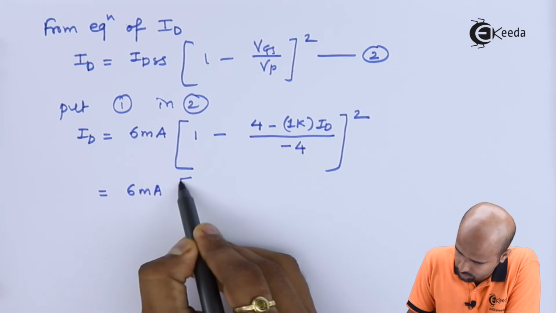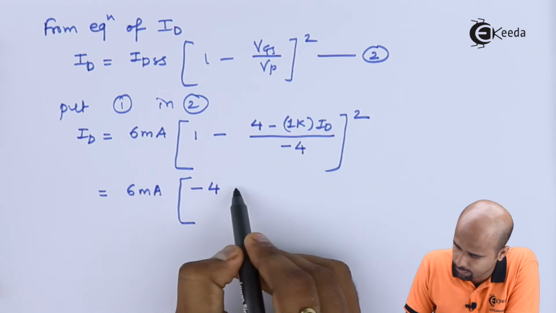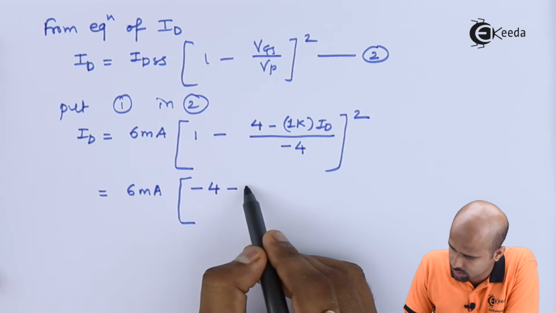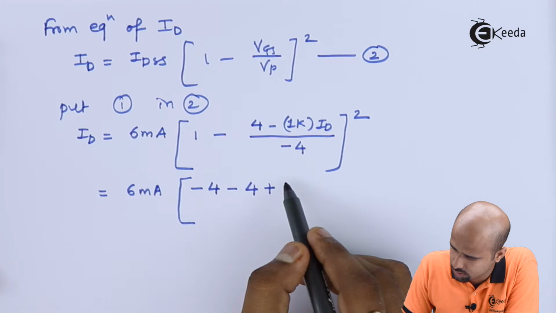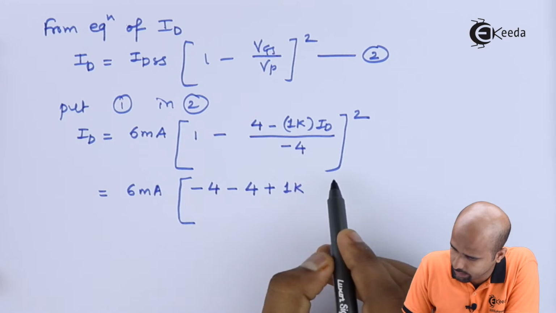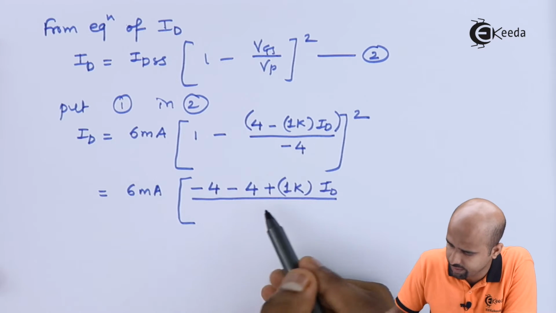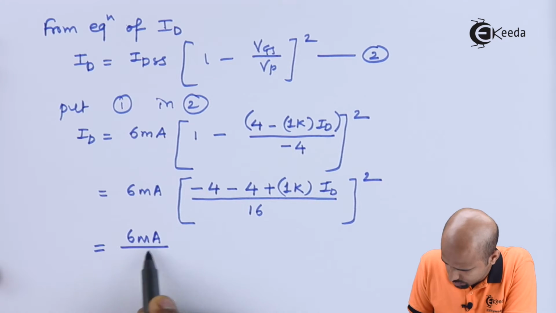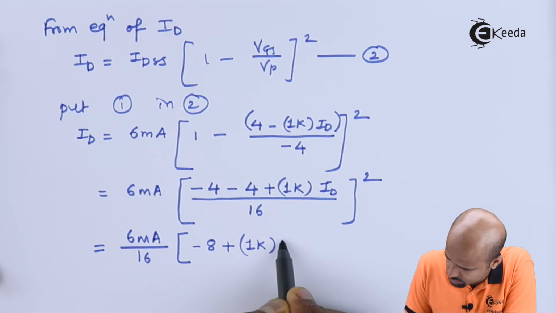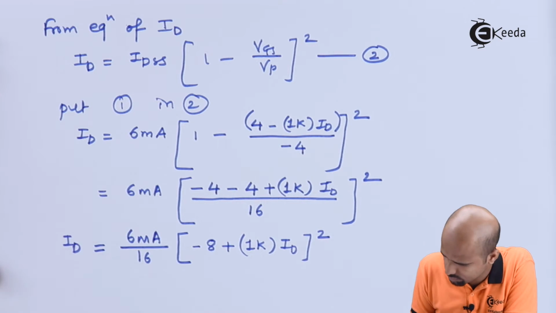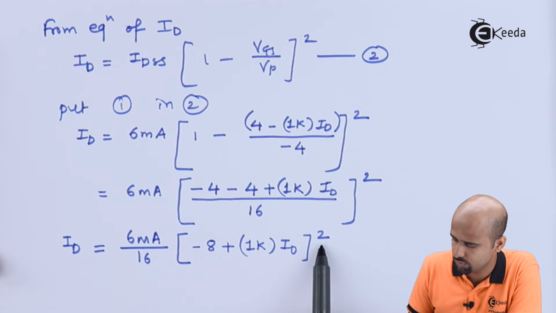6 milliampere. Here we'll take the LCM. This will be your minus 4 minus 4 plus 1K into ID divided by 16. We will get a quadratic equation from this particular equation.